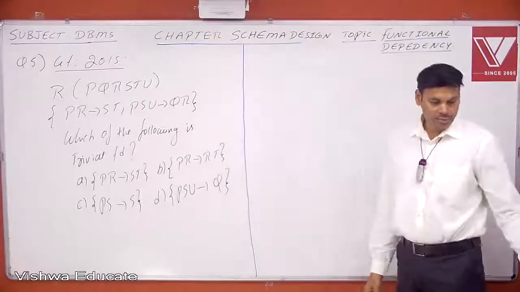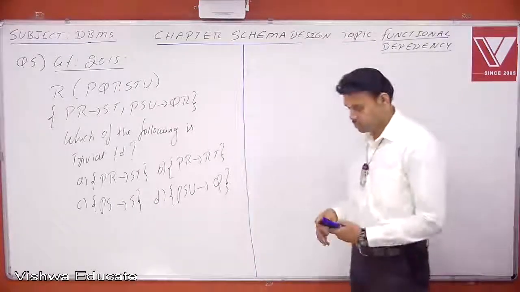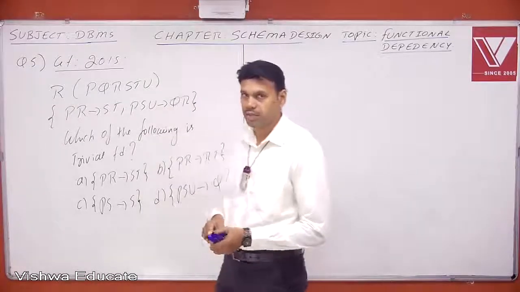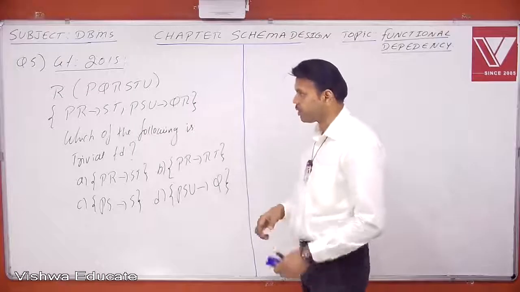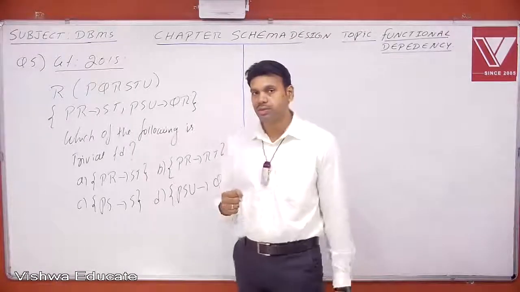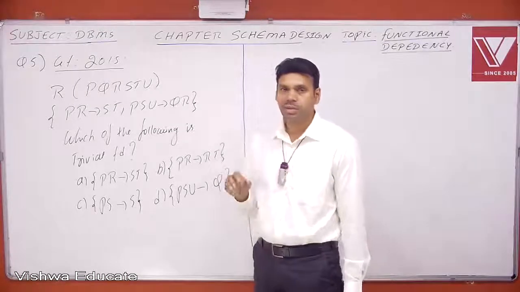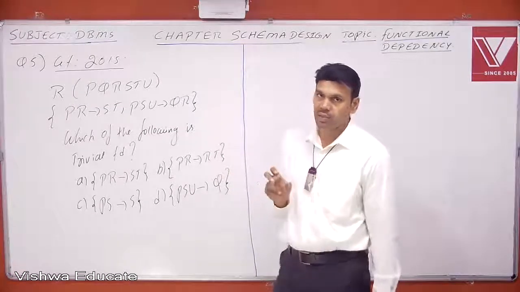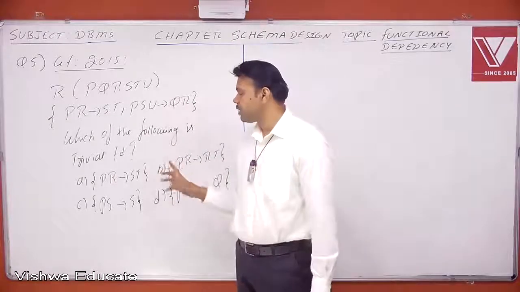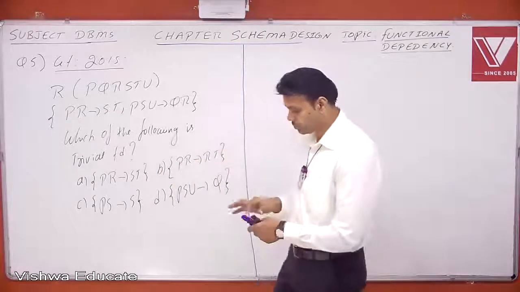So now, based on the definitions of trivial, non-trivial and semi-non-trivial or mixed functional dependency, we are able to solve question number 5 of the classroom workbook, which was the question given in GATE 2015. Now tell me, which of the following is a trivial FD?